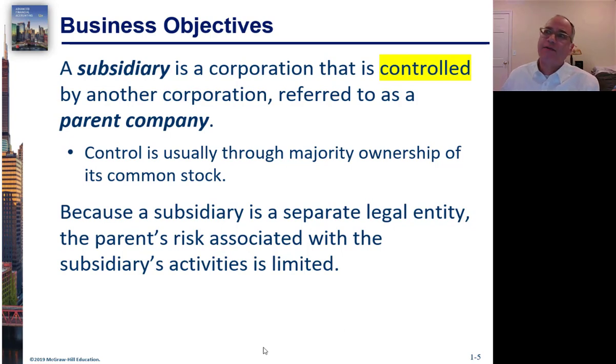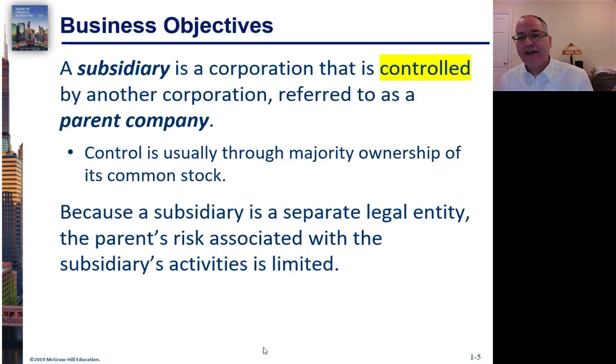Likewise, if you have majority of governance, in other words, there are 10 board seats and you have 6 of them, even though you only control 45% of the stock, then you do have control. Now, the FASB has never been completely clear about what control is. We'll be talking about it.